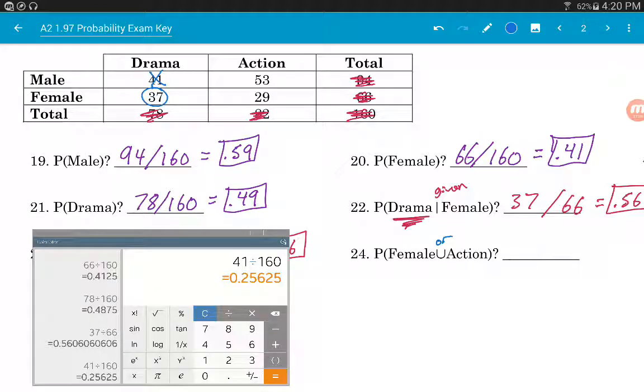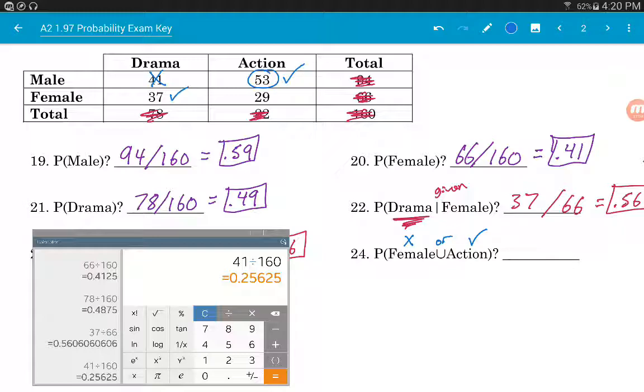These 37, they are female. They do not prefer action movies. But because it's an or, we only need 1 check mark. So they are absolutely coming along for the fraction. These 53, they are not female, but they do prefer action.